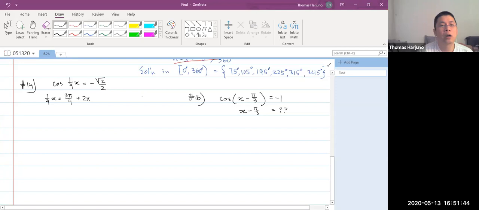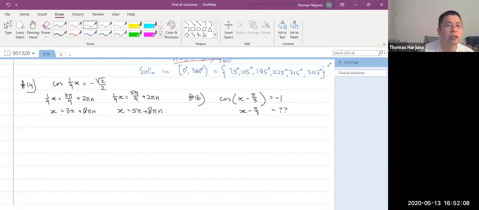And then to continue, I will multiply both sides by 4. I will get x equals 3 pi plus 8 pi n. X equals 5 pi plus 8 pi n. Okay, now that's the general solutions.